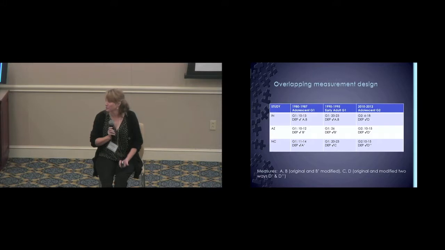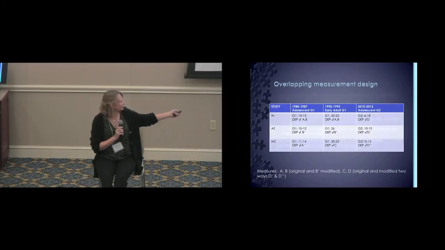And this is not atypical. So we modify our standard measures all the time. And those tweaks make differences between our studies when we're trying to pool them, right? And we want to find where those are in our data so that we can make decisions about what we're going to harmonize and not. So here we've got measures A and B. We've got a B prime, which is measure B, but slightly different. So I'm trying to track all those differences so I'm going to be able to line up the studies and figure out which measures I'm going to use.